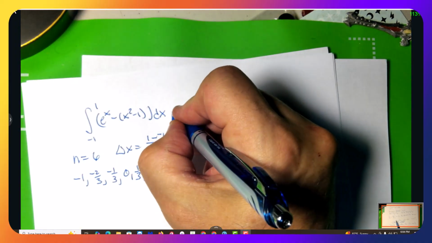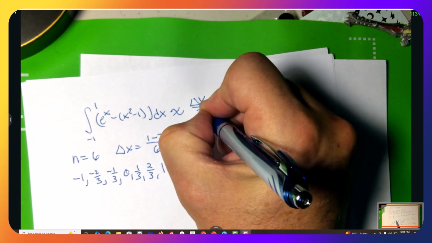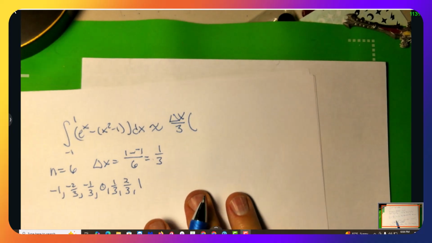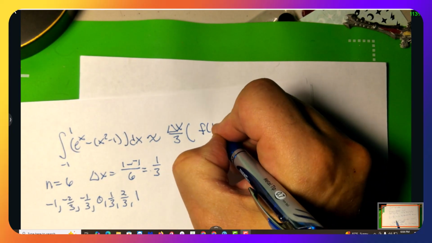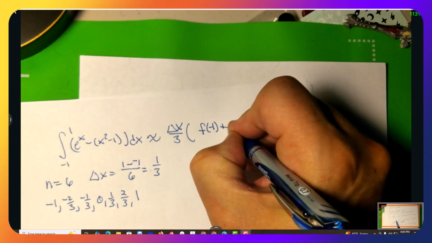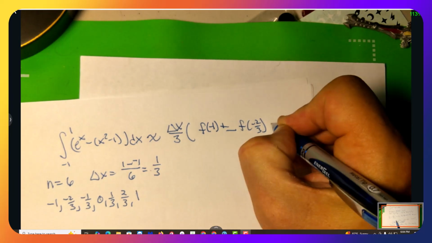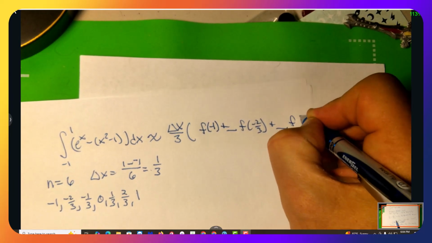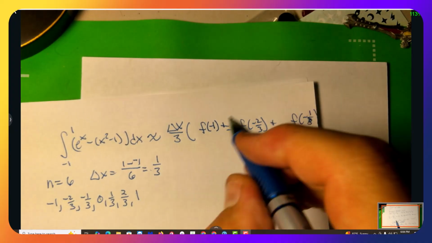So remember, Simpson's method says it's the change in x over 3. And now we calculate the heights. So I'm going to do the multipliers in a second. So f of negative 1 plus, leave this blank, f of negative 2/3 plus, leave that blank, f of negative 1/3. And when I was doing this, I forgot to copy one of the points down.